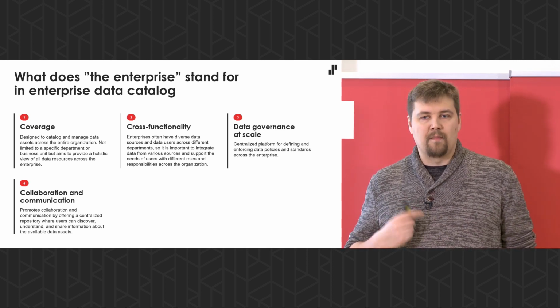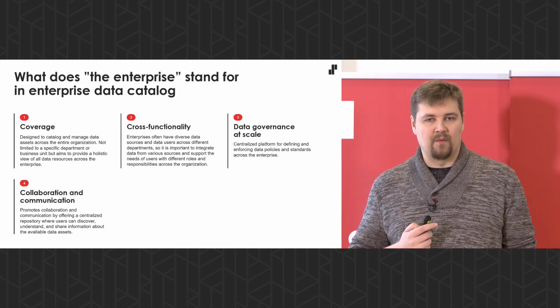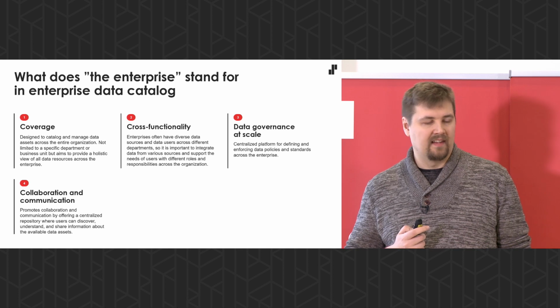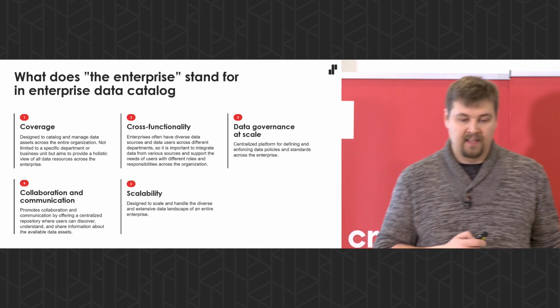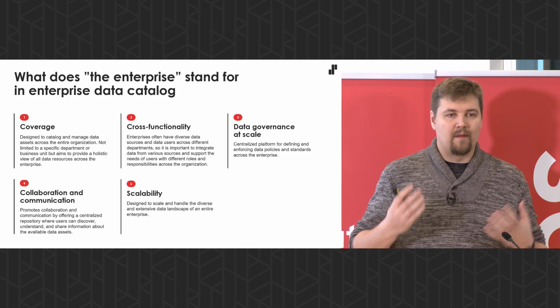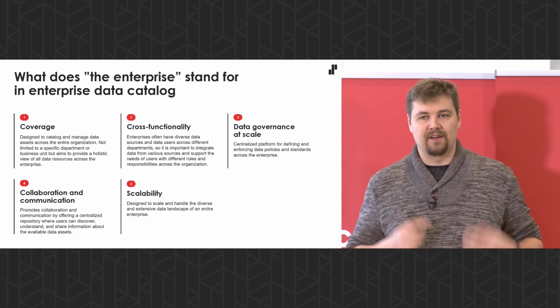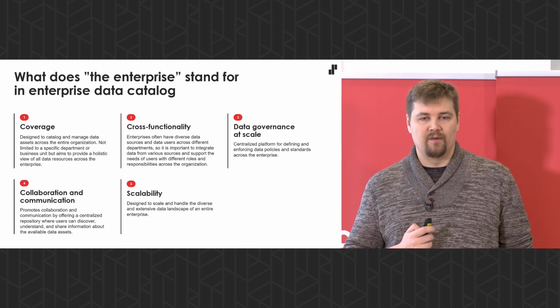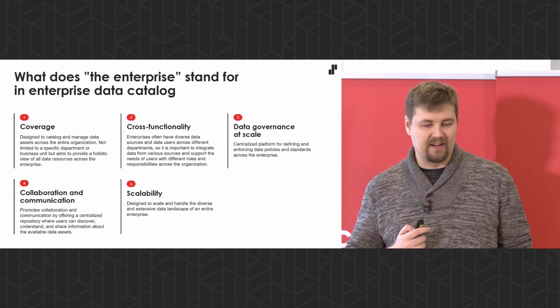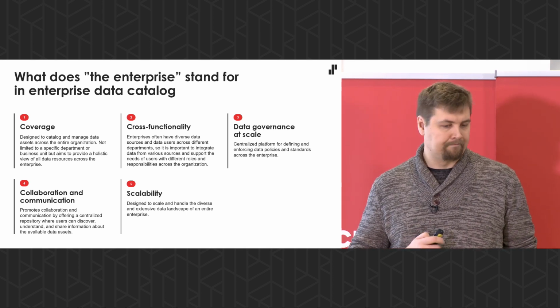And these kinds of collaboration tools make a big difference when we are talking about enterprise scale catalogs. And then scalability. We are getting more and more data, more and more variety, more and more business areas. So the catalog needs to be able to scale to fit those increasing demands of different needs.